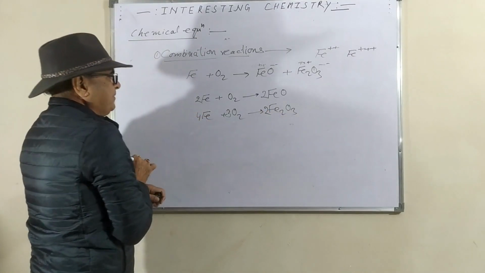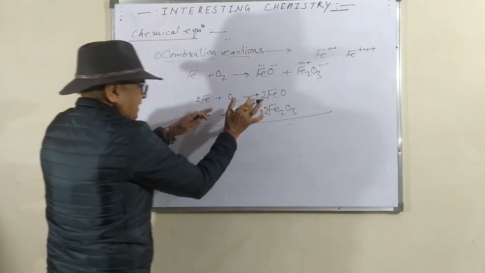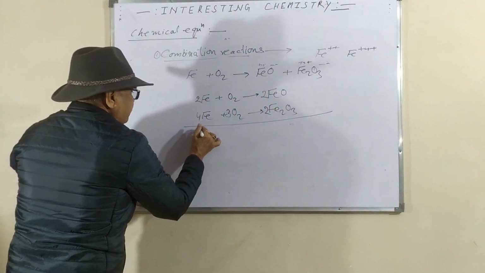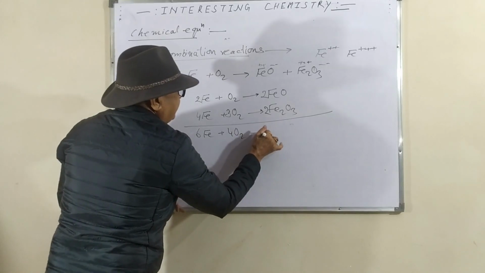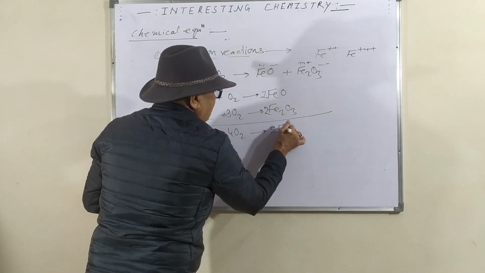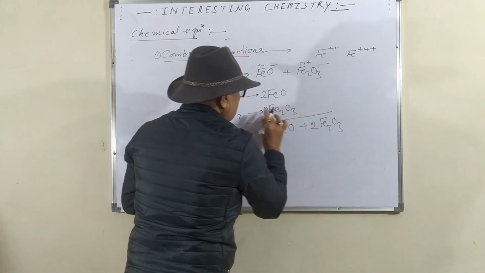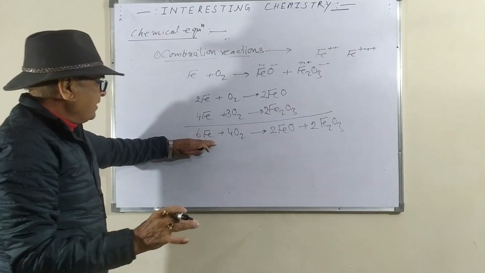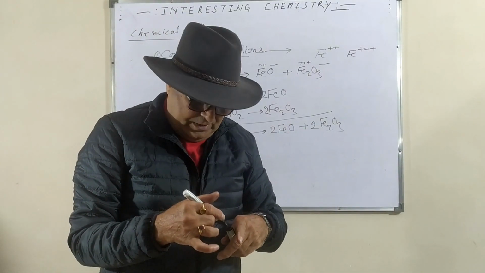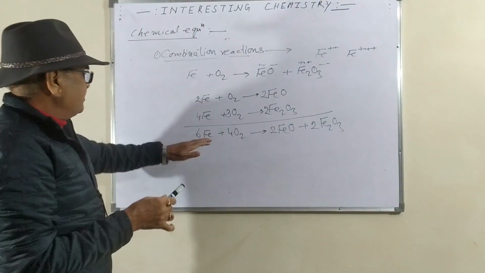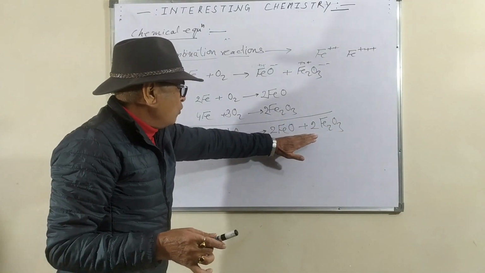In this way, you can write the total balanced equation: 6Fe plus 4O2 is equal to 2FeO plus 2Fe2O3. In the partial method we balanced the equation as 6Fe plus 4O2, but we can take 2 common from this equation.